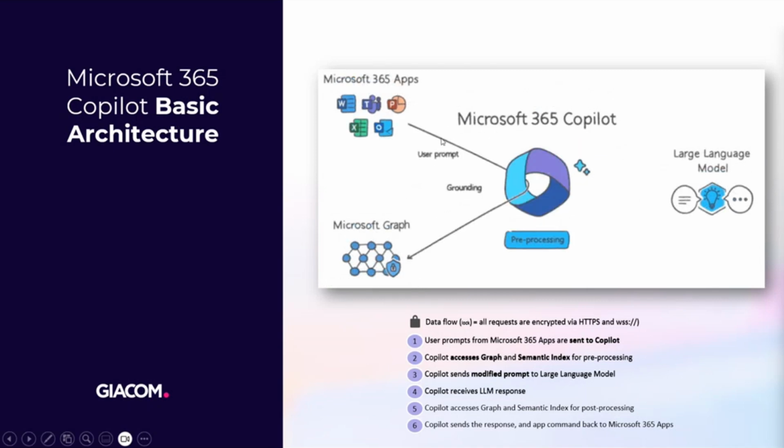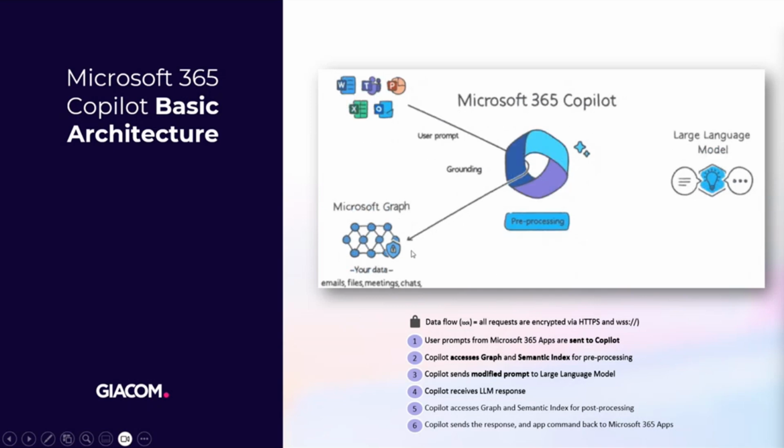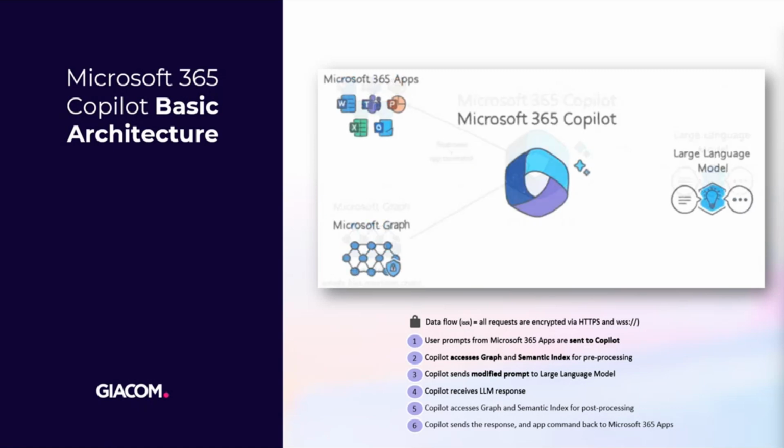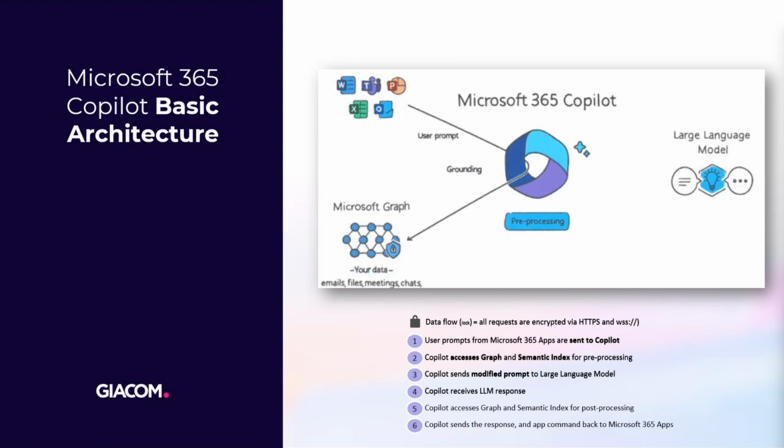Now, once you've done your prompt and it grounds through, this is what we call web or word grounding in the Microsoft Graph, it then goes into your large language model. A lot of people get lost on what a large language model is, but essentially, it's communicating with the computer a little bit more efficiently. Instead of typing in code, we can simply type in normal, standard language and it will give us a response.